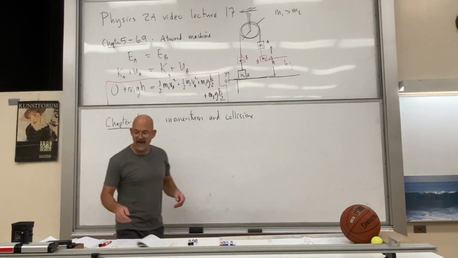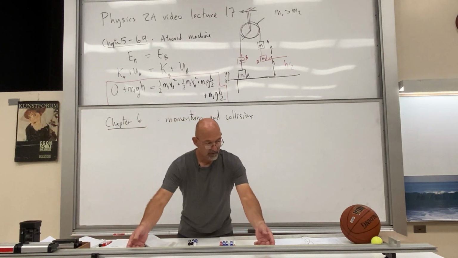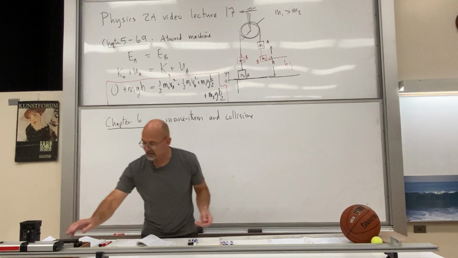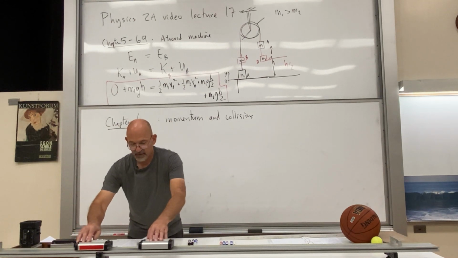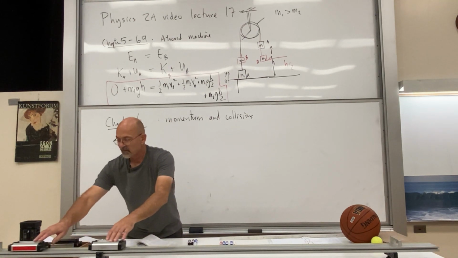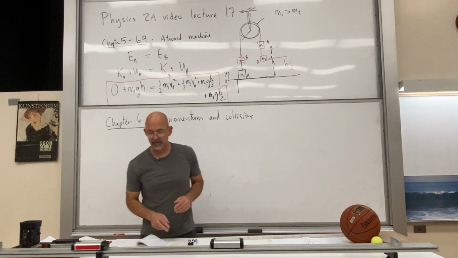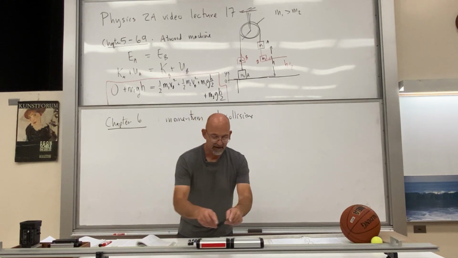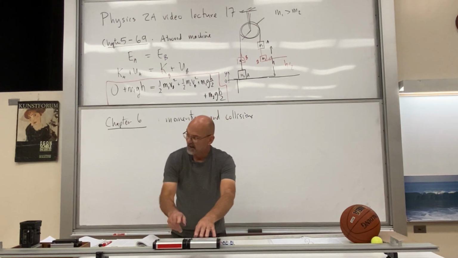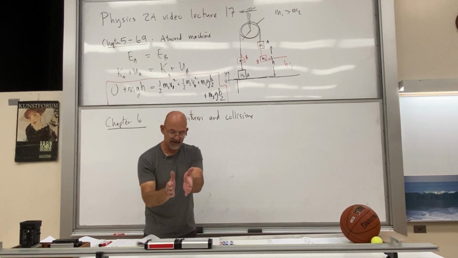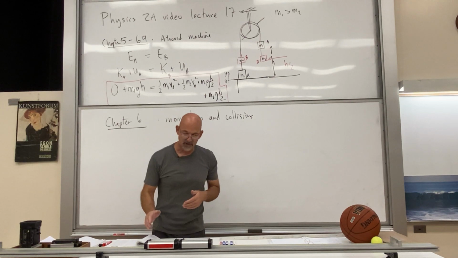So this time I have a different frictionless track on the tabletop. And these cars, you know, they glide with reasonable lack of friction. And there's even a Velcro collision. The Velcro collision where they stick together works better on the air track.